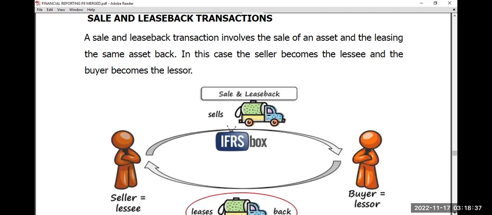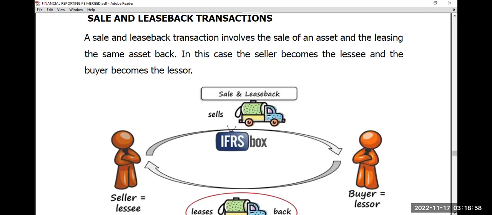But you find that the company has assets. These non-current assets are there, but they actually need cash. What can they do?